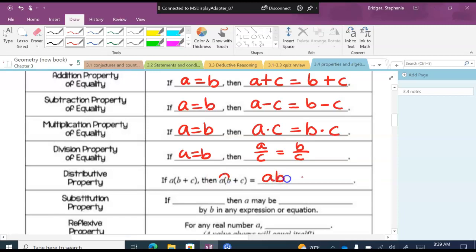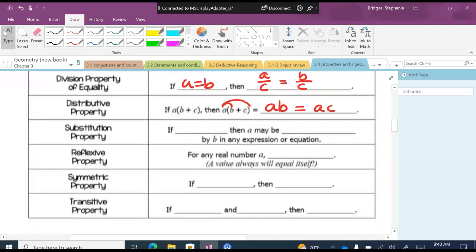Then you would have A times B plus A times C. You take that A on the outside of the parenthesis and multiply it by both terms inside the parenthesis. Anybody have any questions so far? We use the distributive property when we combine terms or solve equations too.